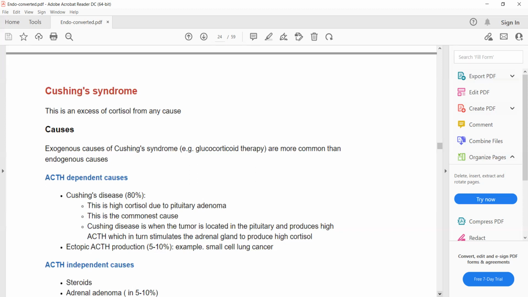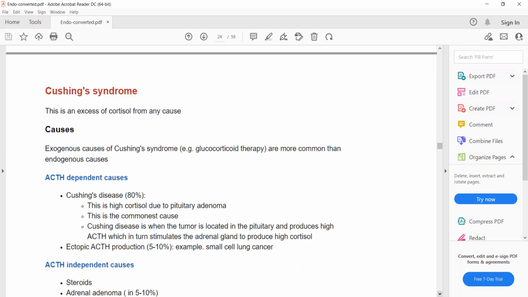One is cortisol, one is aldosterone, and the third one is adrenal androgens. And adrenal medulla secretes catecholamines such as epinephrine and norepinephrine. So we will discuss disorders of these hormones one by one.